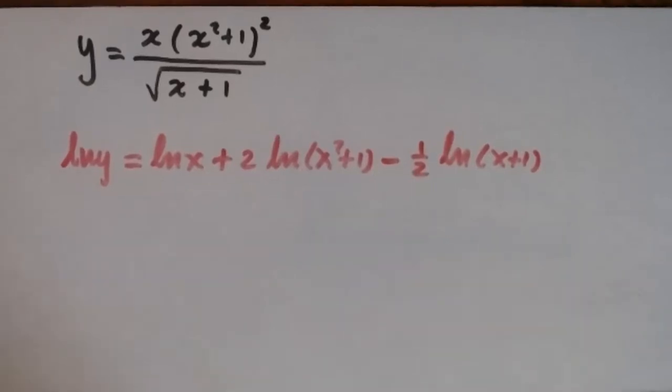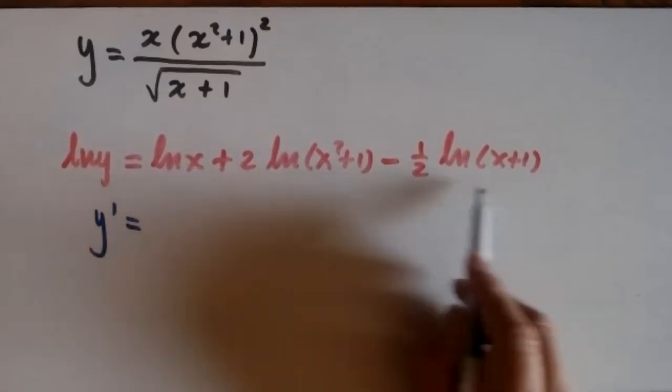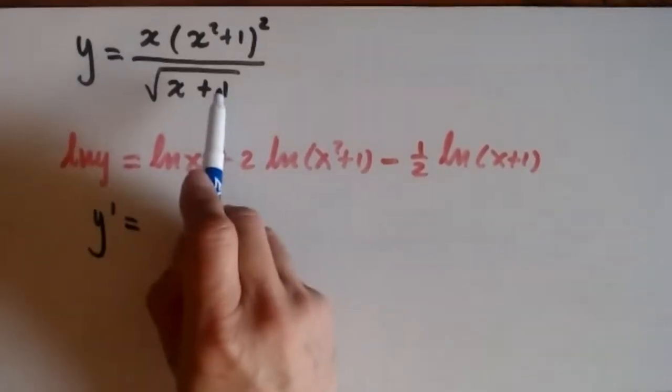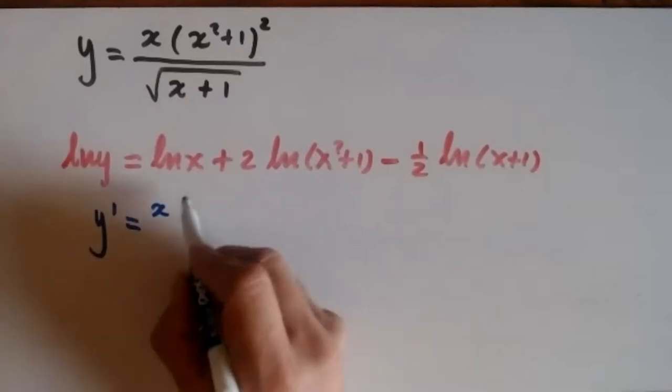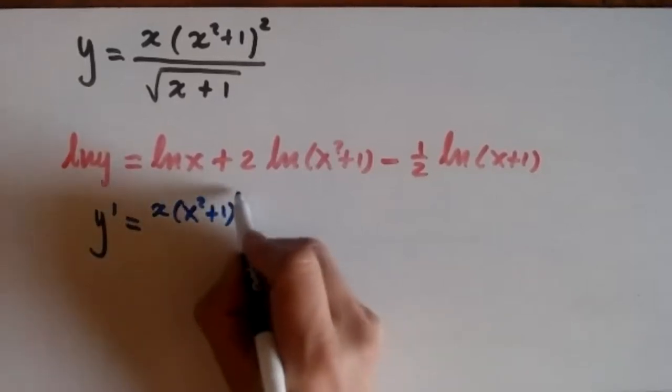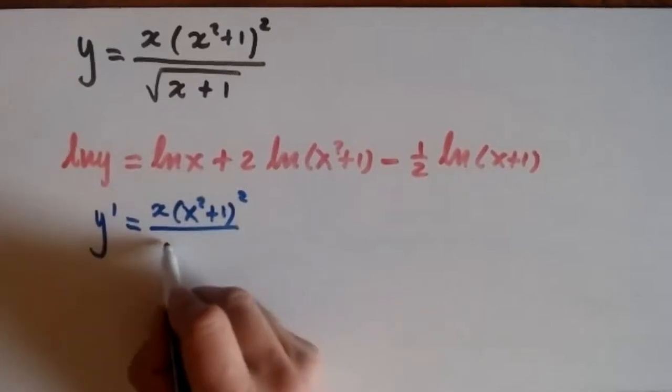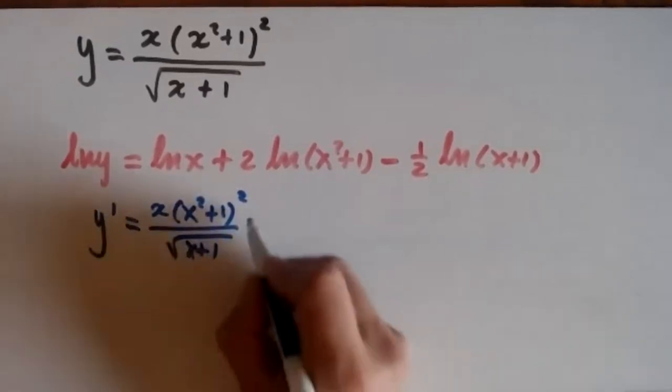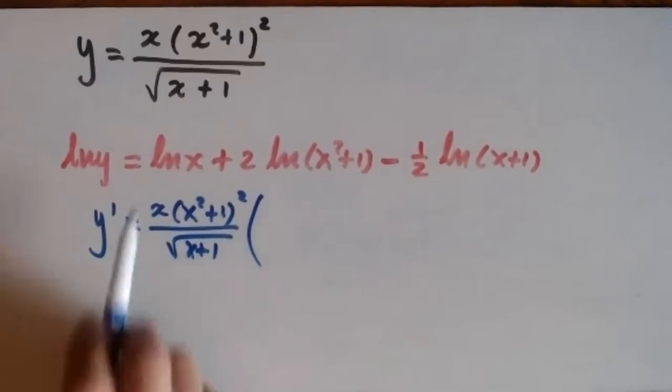Then y prime is, you know that whatever comes from here is going to be multiplied times the original. So you put x times (x squared plus 1) squared over the square root of x plus 1. So you have to write it again, and then you're going to put the derivatives.